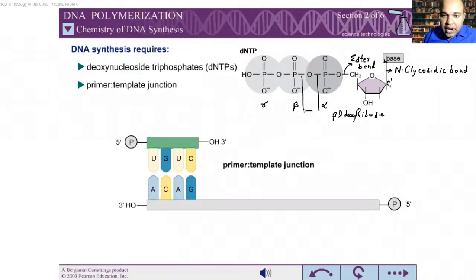So these are all anhydride bonds that are present. You can find an anhydride bond there and another anhydride bond here. These are the different bonds which are present, and they are referred to as phosphoanhydride linkages. So these are the phosphoanhydride bonds.